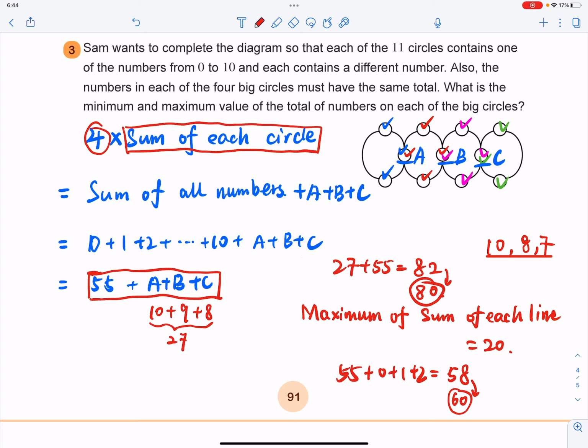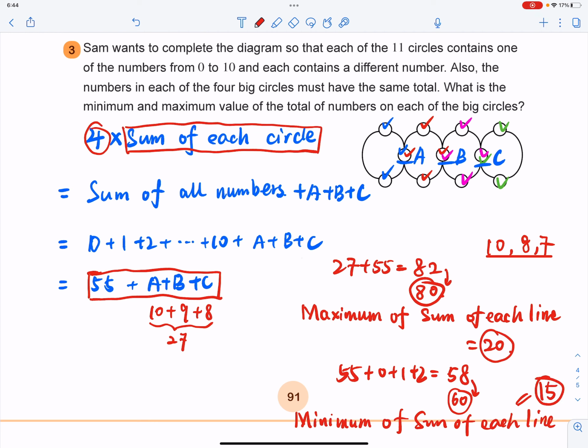And that means the minimum of the sum of each line equals 60 divided by 4, right? Because 4 times the sum of each circle equals 60. So the minimum of the sum of each line equals 60 divided by 4, which is 15.